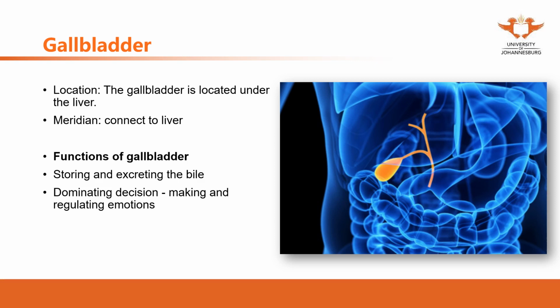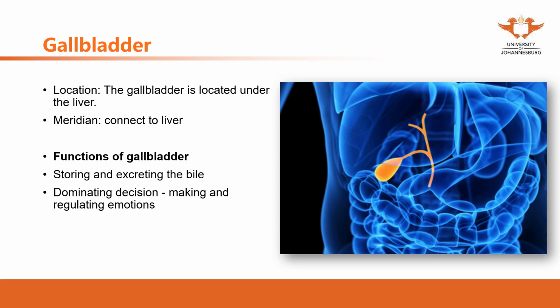So the practitioners in the very early time thought that the gallbladder has a similar function of storing essence, the same as the Zang organs. That's why the gallbladder is considered as an extraordinary organ as well, because it is hollowed inside, but it stores essence.